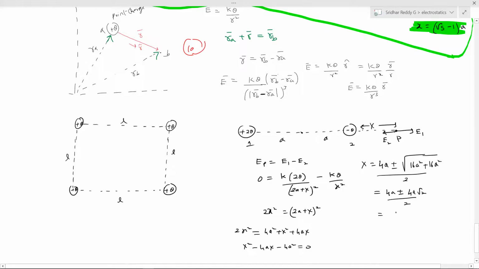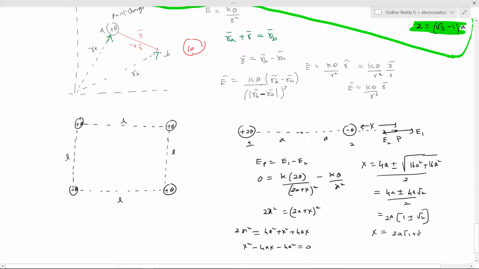Now A will come outside. If I take A common, 2A will come. So 1 plus or minus root 2. Okay, these are the values.